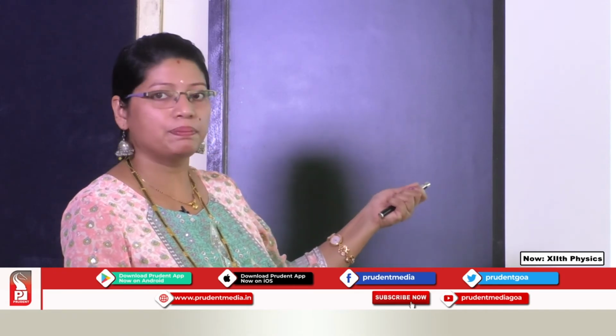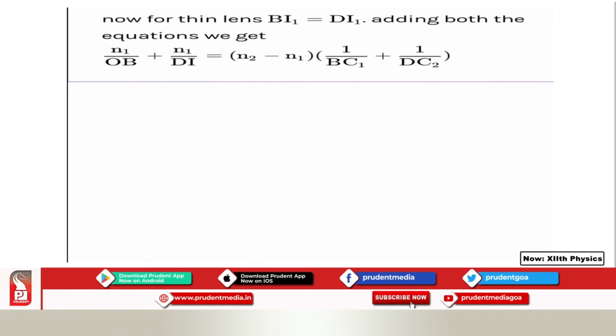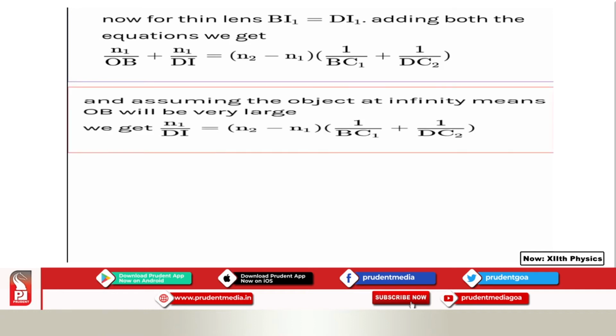Same thing I have just put it up over here so that we do not have to go back. So, this is what we have got. Now, let us assume that object is at the infinity. Always students keep in mind for a lens, if the object is at the infinity, your image is formed at the focus. So, you can say the image distance is nothing but a focal length.